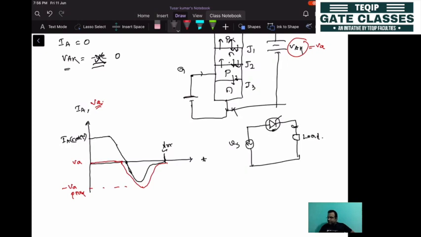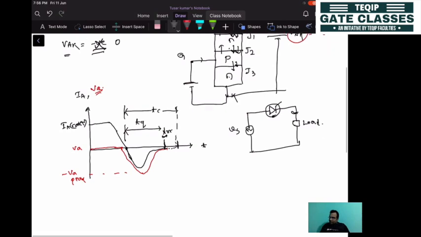Let's mark it with a dotted line. Here the circuit current becomes 0, but here the device current is 0. This period is known as the device turn off time, and this period will be known as the circuit turn off time.